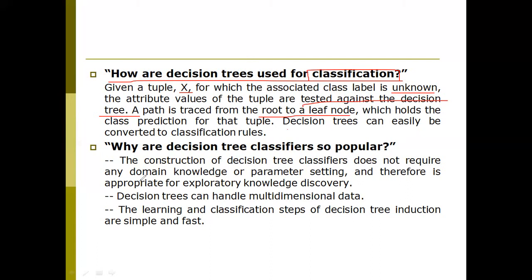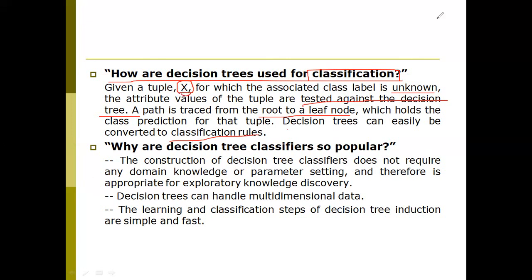Decision trees can easily be converted to classification rules. So here we test all the attributes from the root node to the leaf nodes. In this way, we classify the given new tuple or new record.